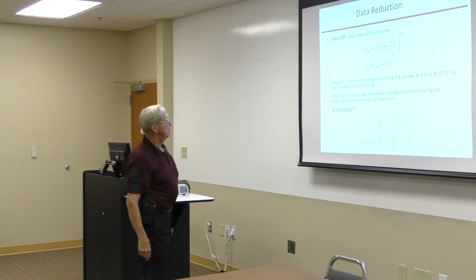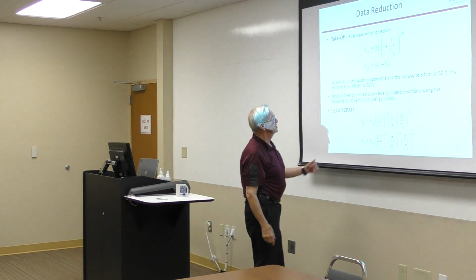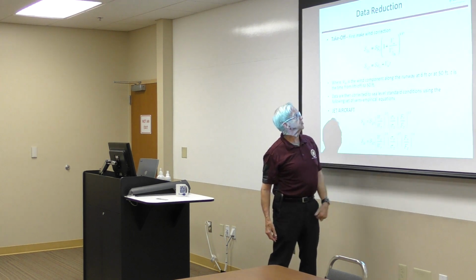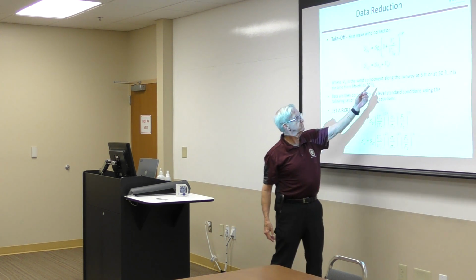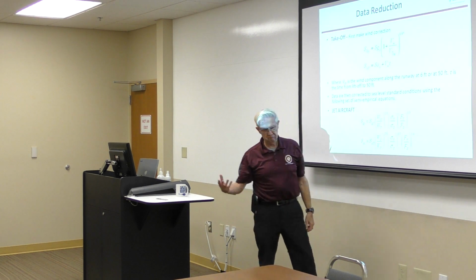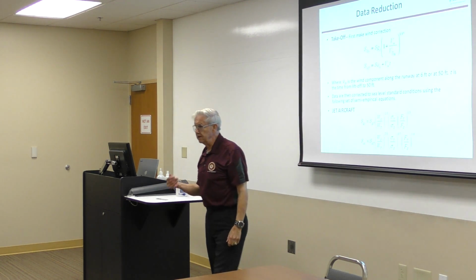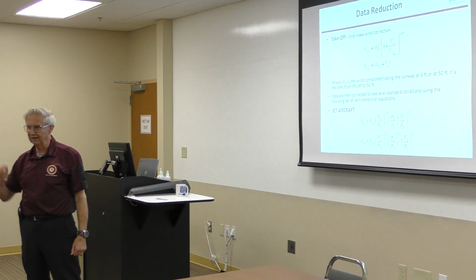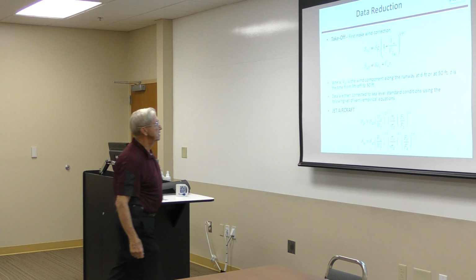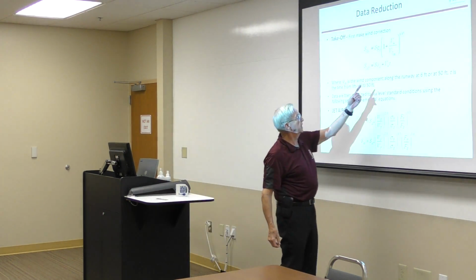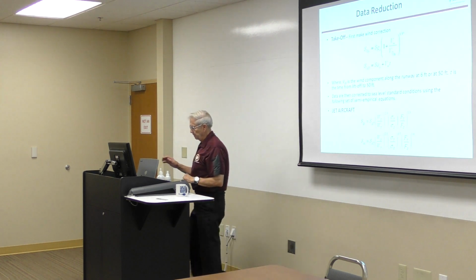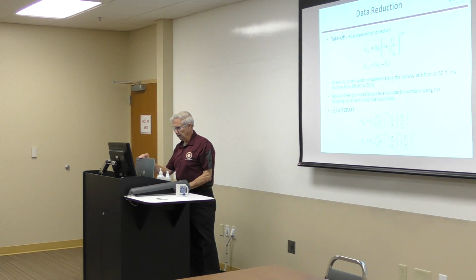So that's the ground distance. The air distance is just the observed air distance times the velocity of the wind, and of course the wind velocity may be changing. That's why we get it at 6 feet and at 50 feet, to try to integrate it over that distance. So it's the velocity of the wind times the time that the wind had to act on it to the 50 feet. So that's the wind correction for the takeoff.